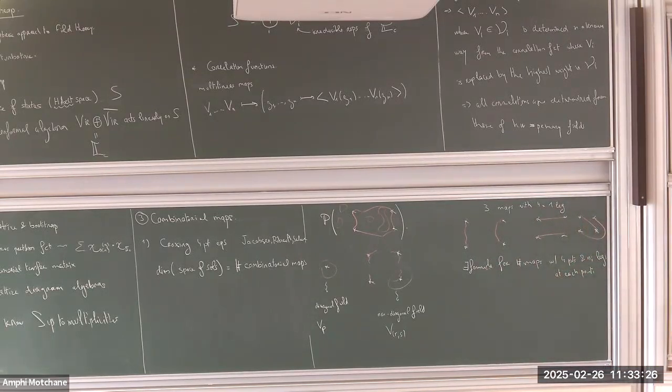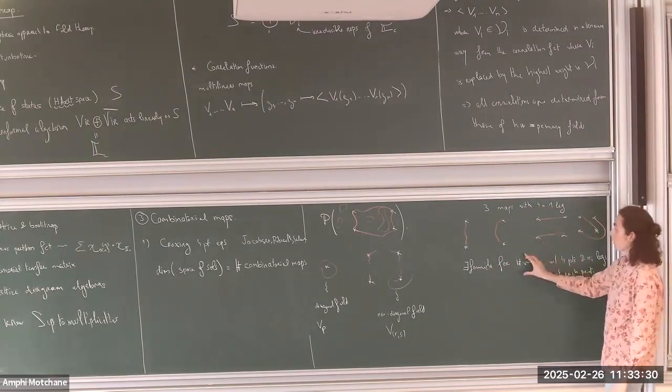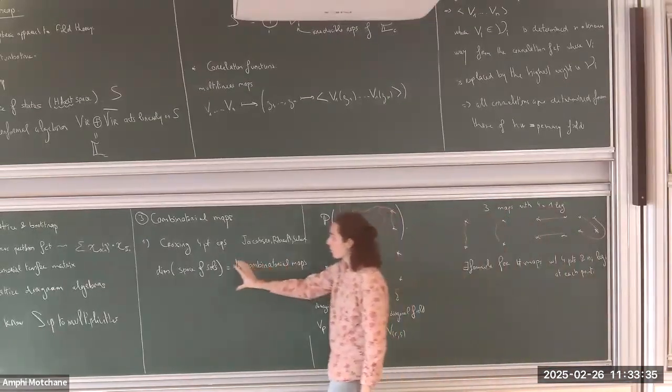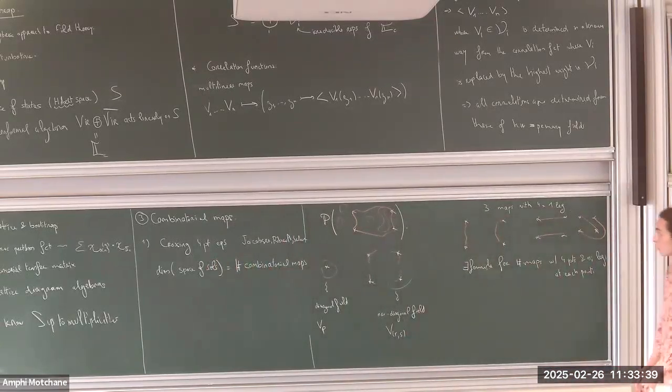And the very interesting fact is that this formula for the number of maps with a given number of legs exactly matches the dimension of the space of solutions of the corresponding bootstrap equation, the corresponding crossing symmetry equation.